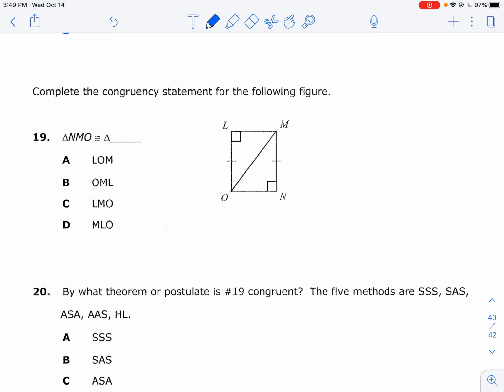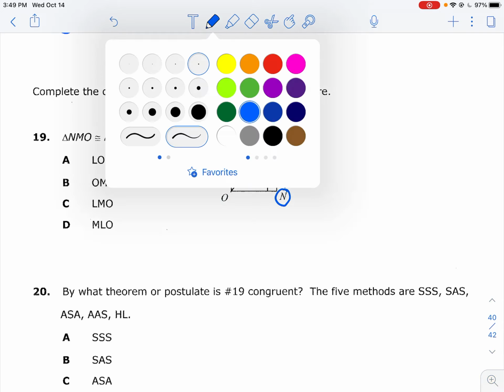Number 19, it says, complete the congruency statement for the following figure. Well, let's look at this figure. I have triangle NMO. So I start with the right angle, then M, then O. Okay, so if I want it to be congruent to another triangle, I need to start with the right angle, L, then O, then M. Okay, so let's work that again.